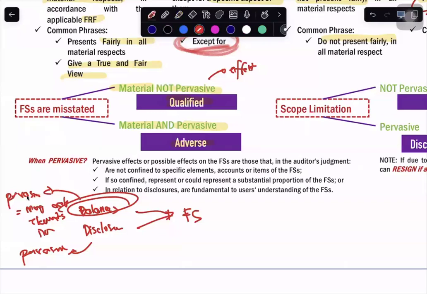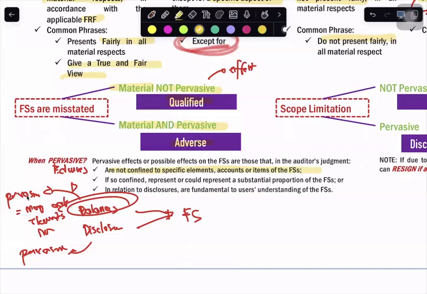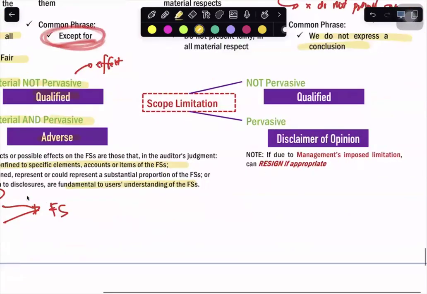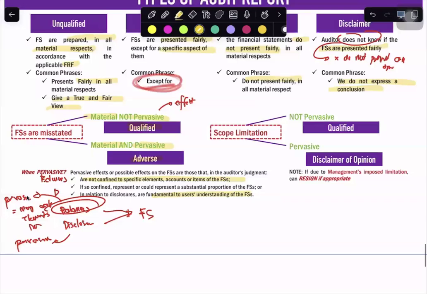Again, for balances or items of the FS, if not confined to specific elements, then pervasive. If confined, then not pervasive. As to disclosures, if the omitted disclosure is fundamental to users' understanding, then pervasive. If not, not pervasive.